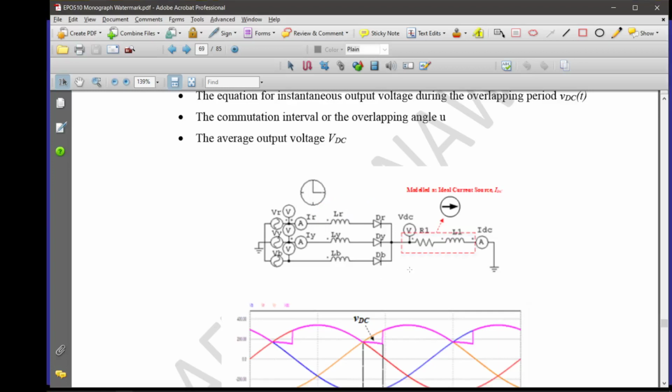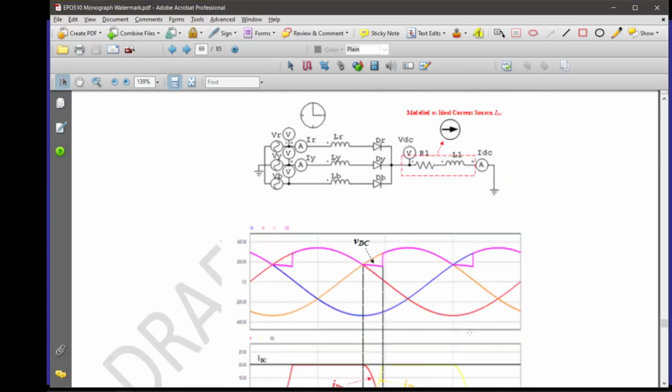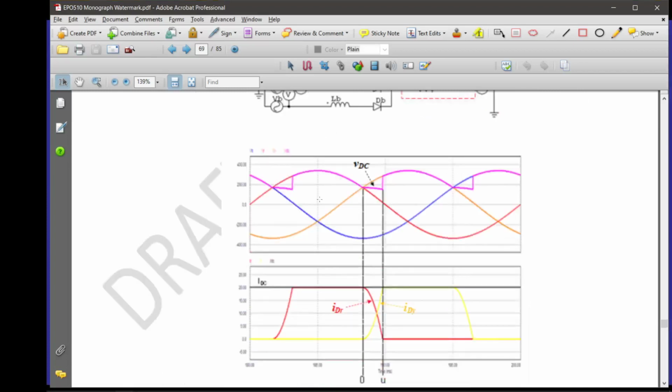And to simplify our analysis, we are going to replace the load with a highly inductive load, and therefore you just use an ideal current source. So you put in the ideal current source, and we try to look into the transfer of current at this point. So we know that in this period you have D1, the red diode, transferring to diode 2, isn't it?